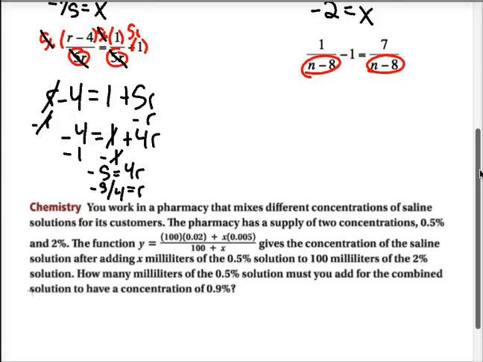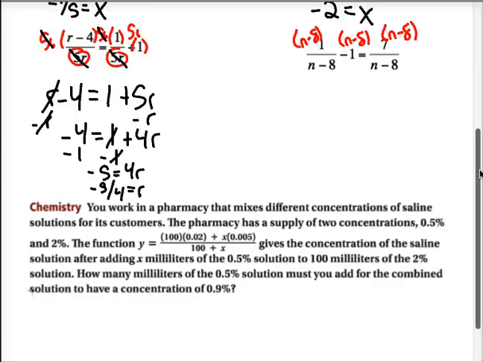So this time, I need to multiply every piece of this equation by n minus 8. I apologize.